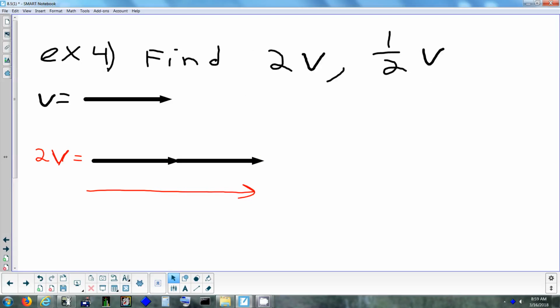To get 1/2 v, and I really don't have a nice way I can do that exact on the smartboard. I mean, I could measure, but I'm just going to estimate. And that's 1/2 v. Any questions on those two? Graph paper, you can do this exact if you have it.